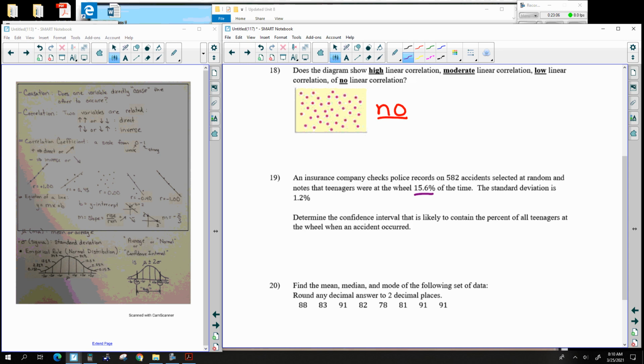Here we have an average and a standard deviation. So we have an average of 15.6 and a standard deviation of 1.2.